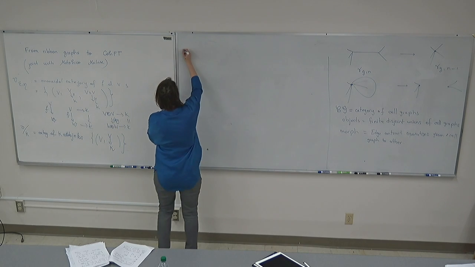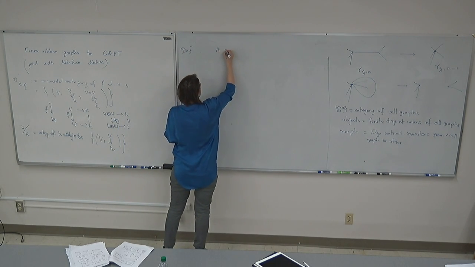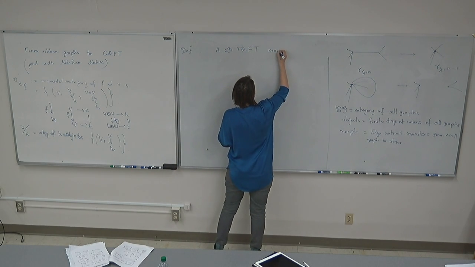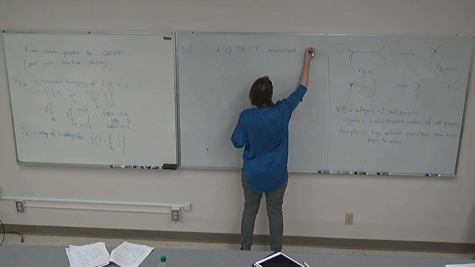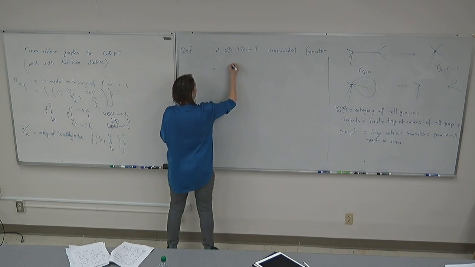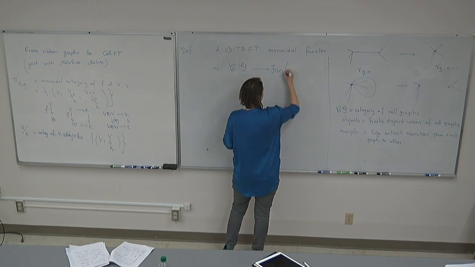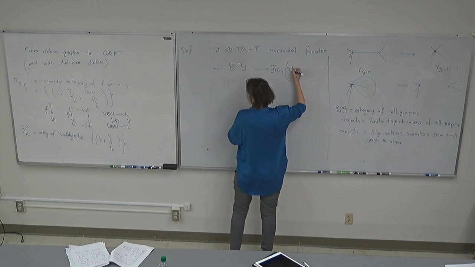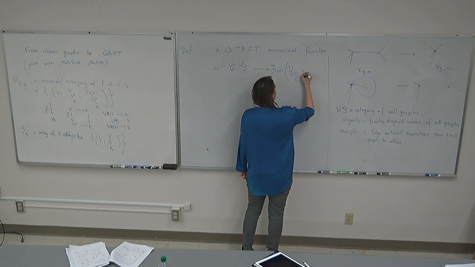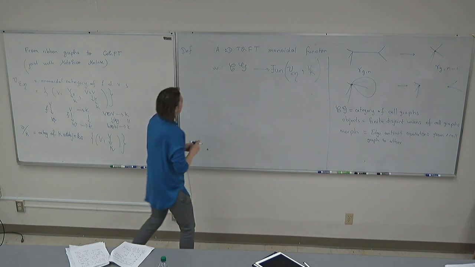Okay, so I'm going to define a 2D CohFT to be a monoidal functor omega from the monoidal category of cell graphs to the functor category of the monoidal category of finite dimensional vector spaces and K objects. So what is this?